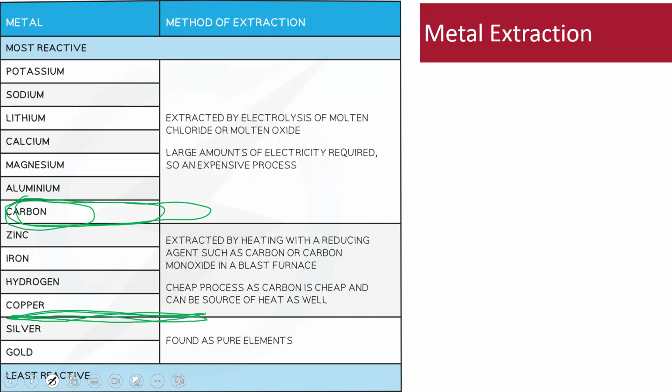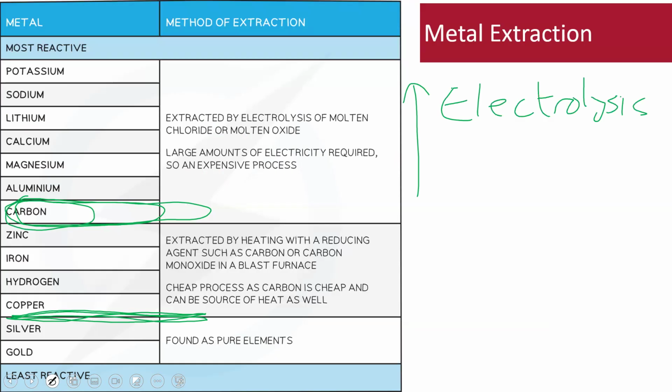What you've got to remember is how we actually get hold of these metals. Everything above carbon, that means carbon is less reactive than them, we would use electrolysis. Now that costs a lot of money, it's very expensive.